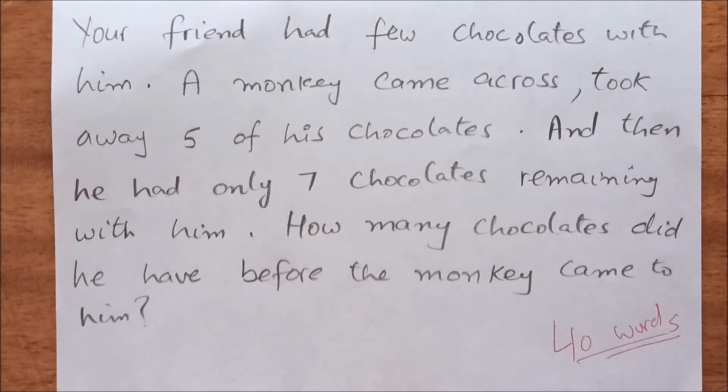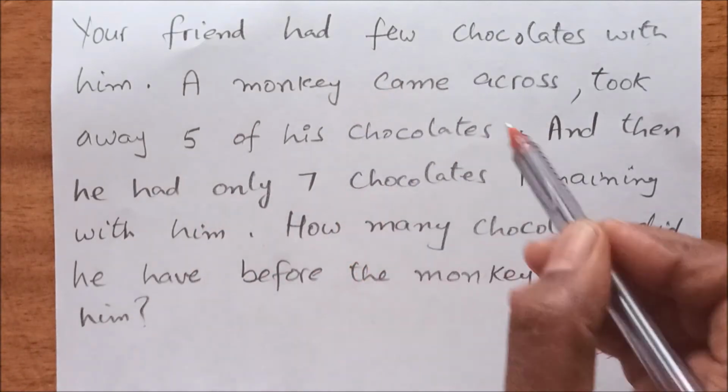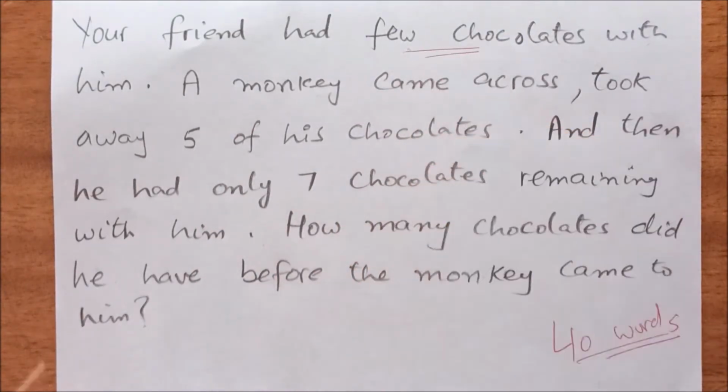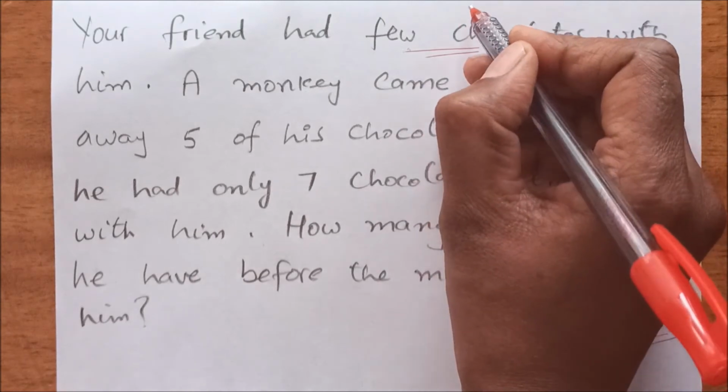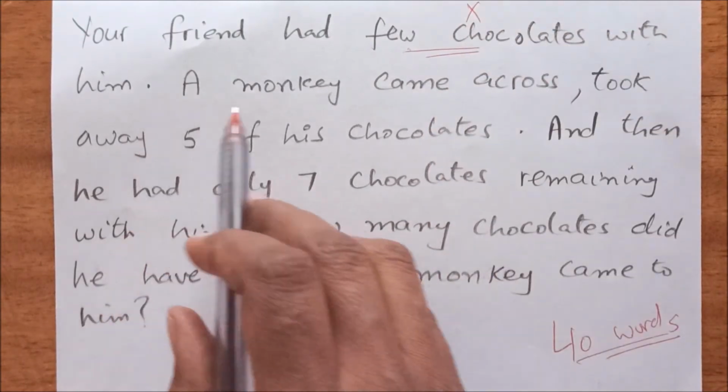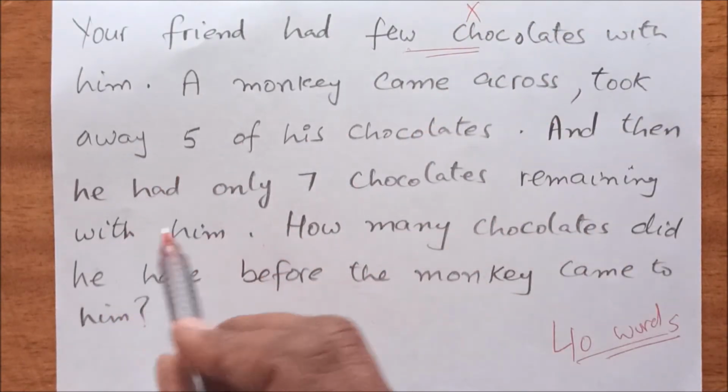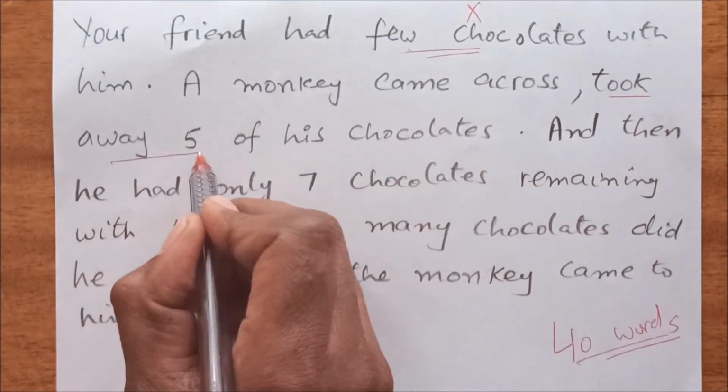So let's try to shorten this question and make it simple. Your friend has a few chocolates. What are those few chocolates? We don't know that. Let's say it is x with him, and the monkey came across and took away 5 chocolates.